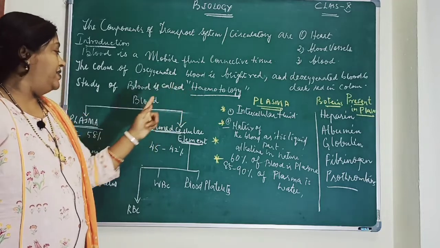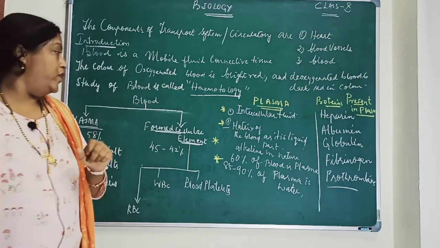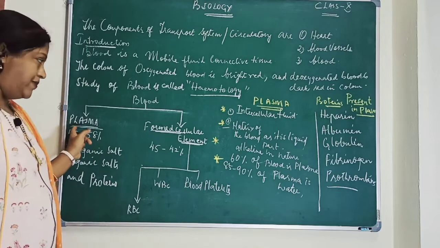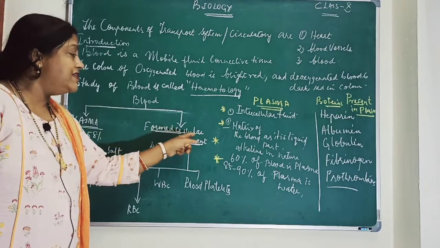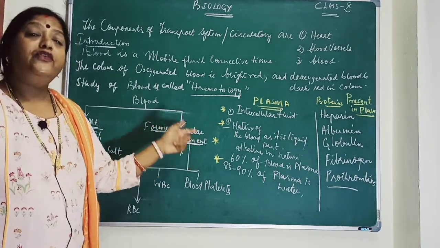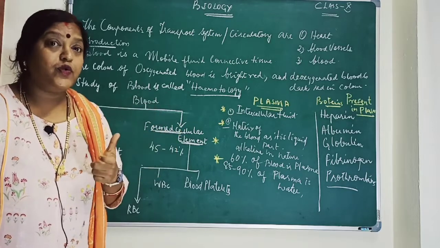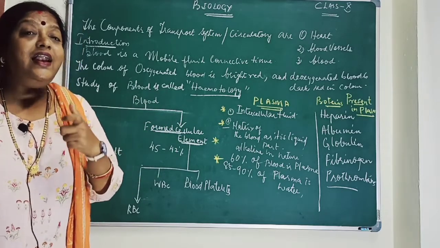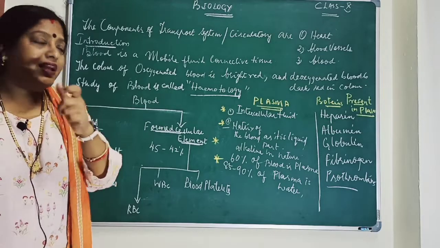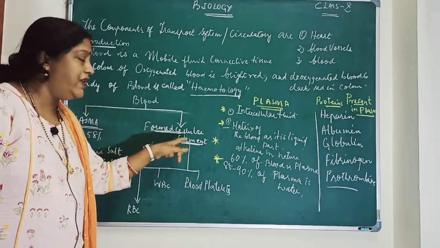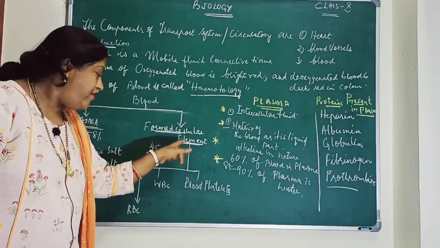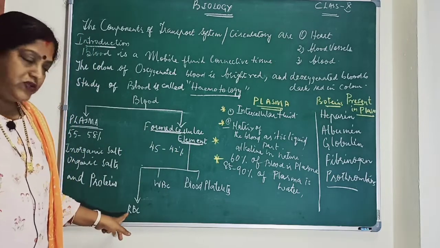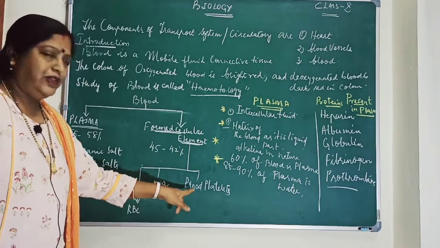Okay, children, blood has two components, that is plasma and formed cellular elements. If you see blood under a microscope, you can see cell-like structures. Therefore it is called formed cellular element, which is of three types: erythrocytes, leukocytes and thrombocytes.